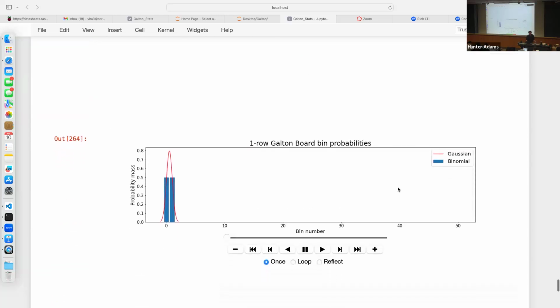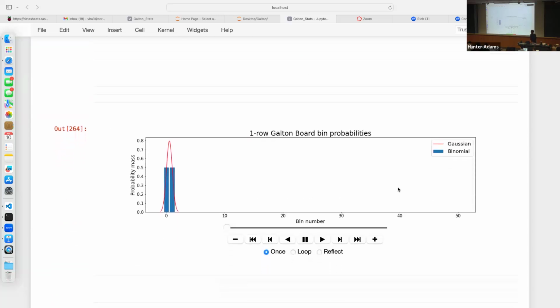So just how good is it? Well, for a one-row Galton board, it sucks, right? Here's the Gaussian, and here's our actual binomial distribution, and it's not a very good approximation. As the number of rows in our Galton board increases, it does a better and better job approximating that binomial distribution.